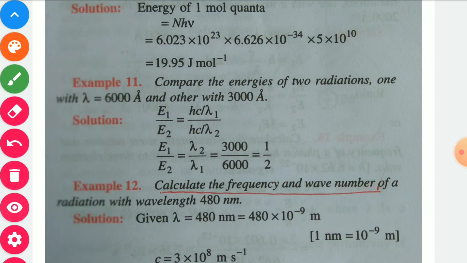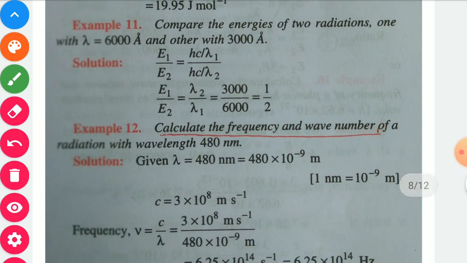So here I know c, that is velocity of light, which value is 3 into 10 power 8 meter per second. To calculate the frequency, we have to implement the formula nu is equal to c by lambda.